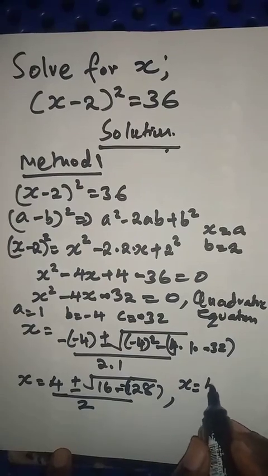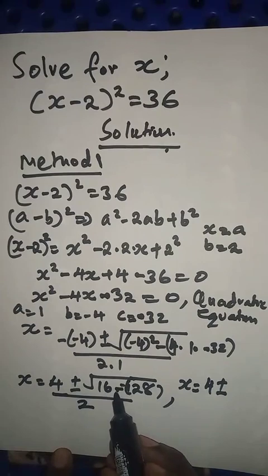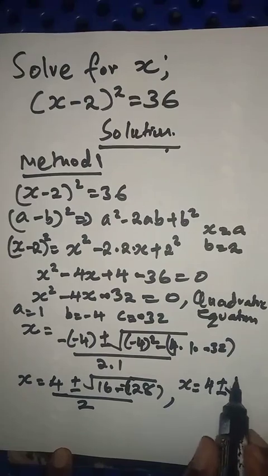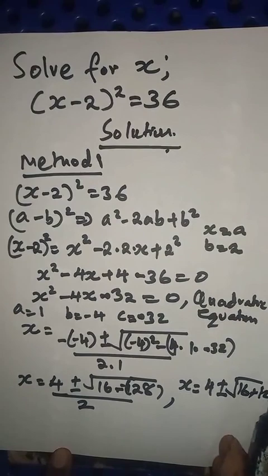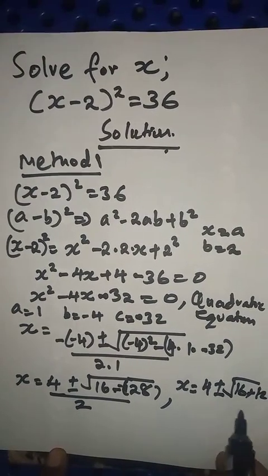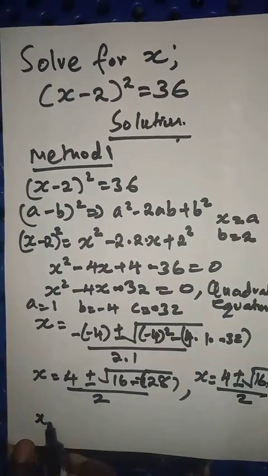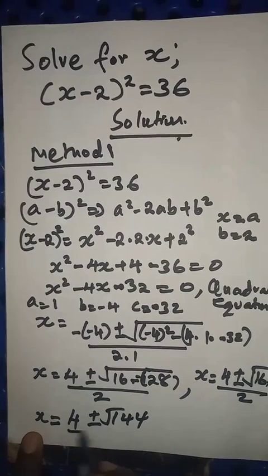x now becomes 4, plus or minus, when you add 16, negative and negative, you get positive. So if you add 16 plus 128, over 2, you'll end up having x now becomes 4 plus or minus the square root of 144 divided by 2.